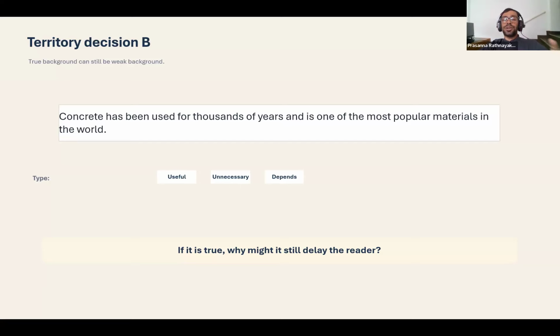So our test is not truth alone. There is a test of truth as well, but our test is actually usefulness for the reader. Our test is usefulness for this reader, in this document, for this research problem. You are writing a particular document for a particular reader, and you are pitching a research problem.